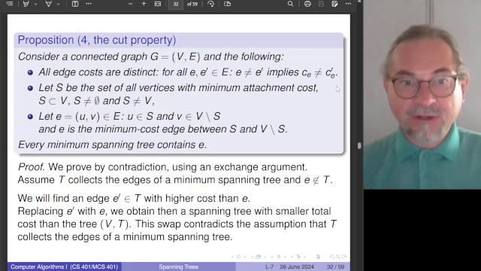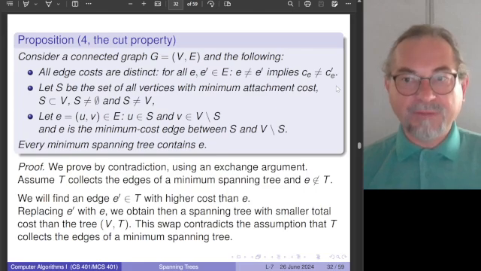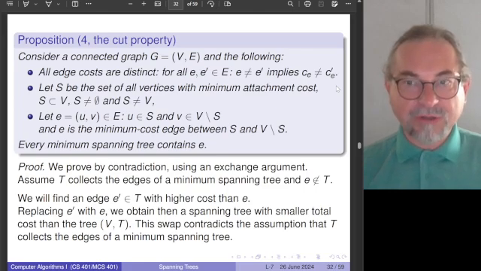And therefore, the tree that did not have E cannot be a minimum spanning tree. So that's the outline of the proof of this cut property.